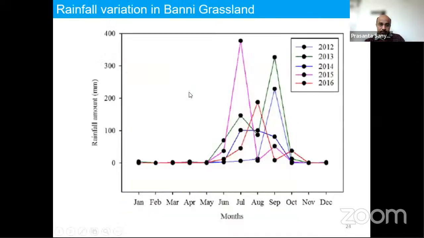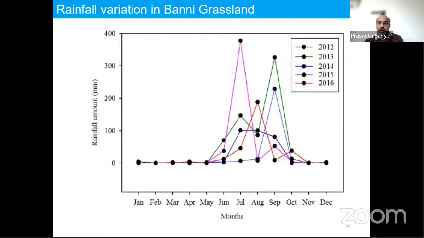If you see the rainfall pattern, as I have mentioned previously, this area also receives rainfall during the summer months. You can see from the months here, the average rainfall is around 300 to 400 millimeter. But I think the important issue here is the number of rainy days, which are really very few in the Banni region.